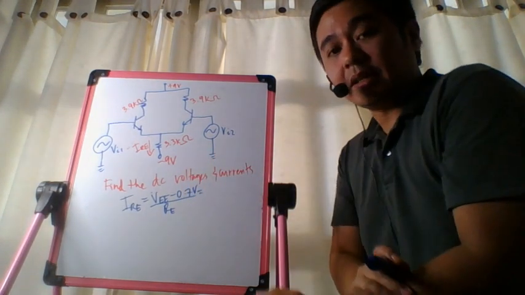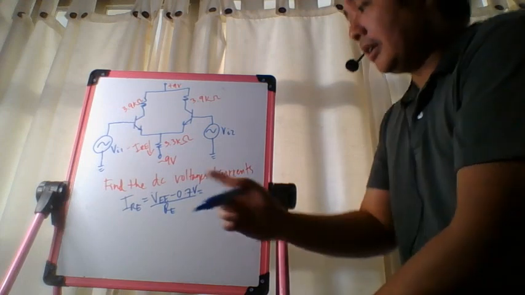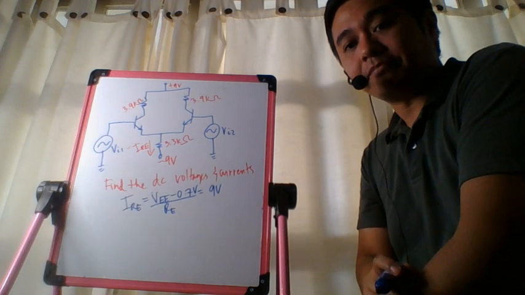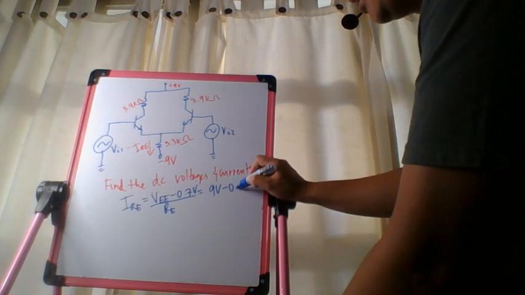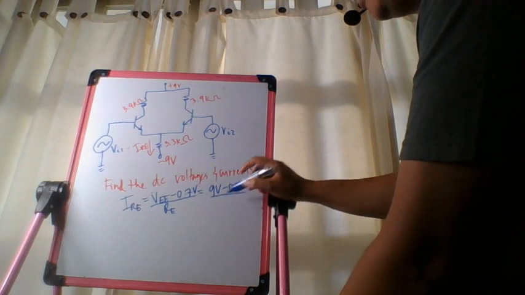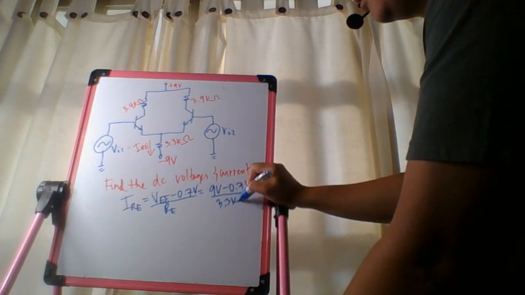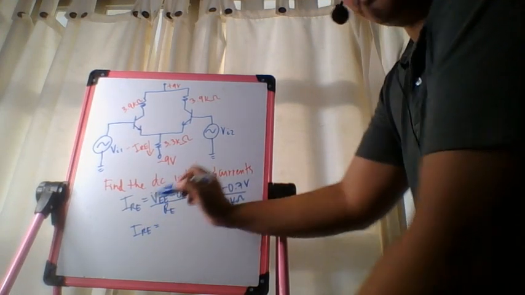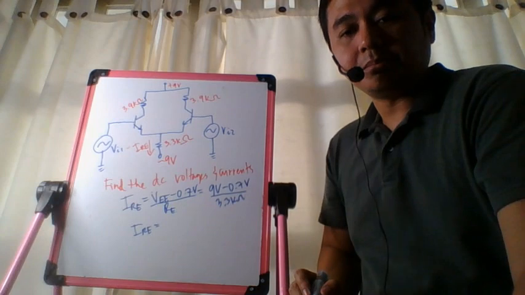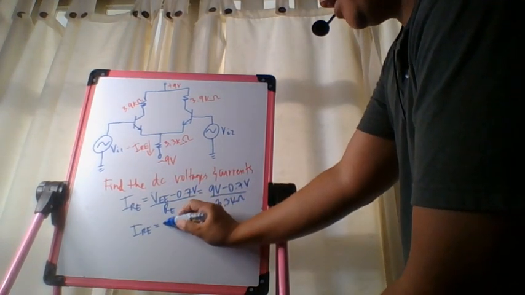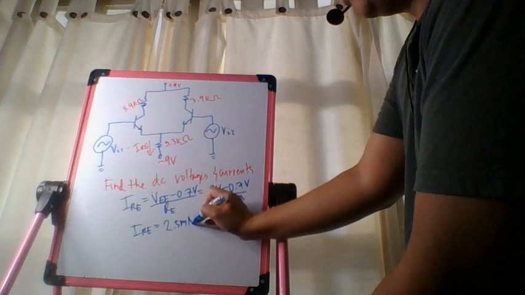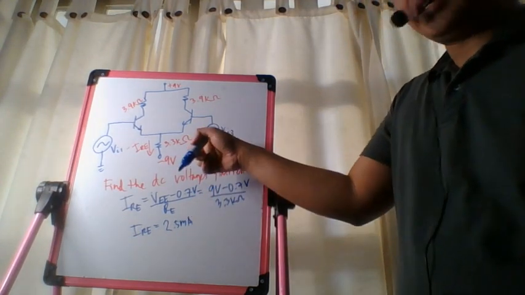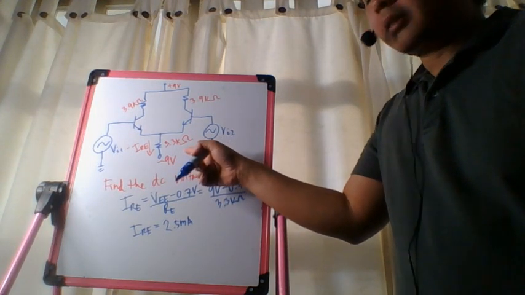Kasi negative 9 is negative VEE. Okay? That's why VEE is just equal to positive 9 volts. Alright? Minus 0.7 volt divided by 3.3 kilo ohms. So IRE is equal to 2.5 milliamperes. So we have a 2.5 milliampere current na dumadaan dun sa ating 3.3 kilo ohm resistor na R sub E.